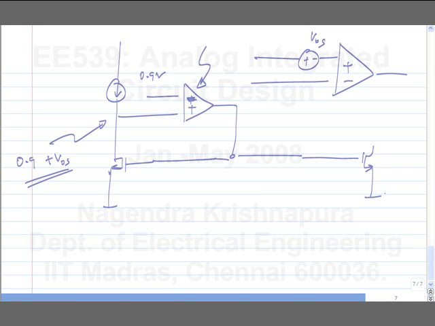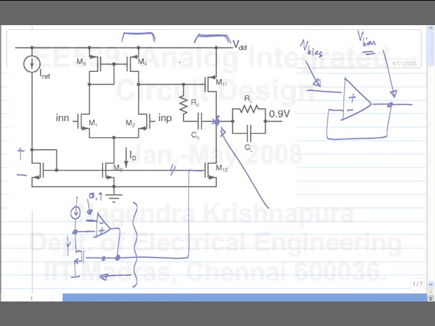The other thing that works in your favor is, let's say again, I will think of it as the quiescent output of this stage. It has a tendency to go to this value in the absence of mismatch. But in closed loop, the current through M11 is the same as the current through M12.